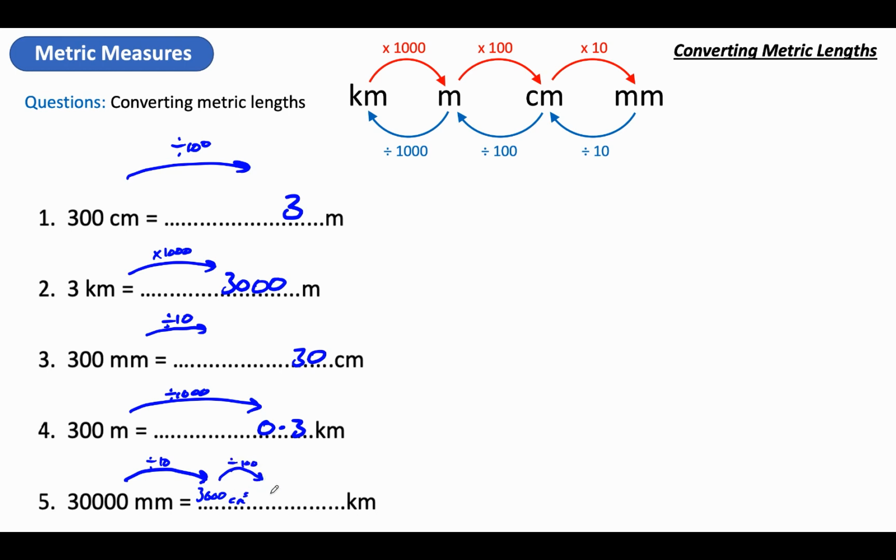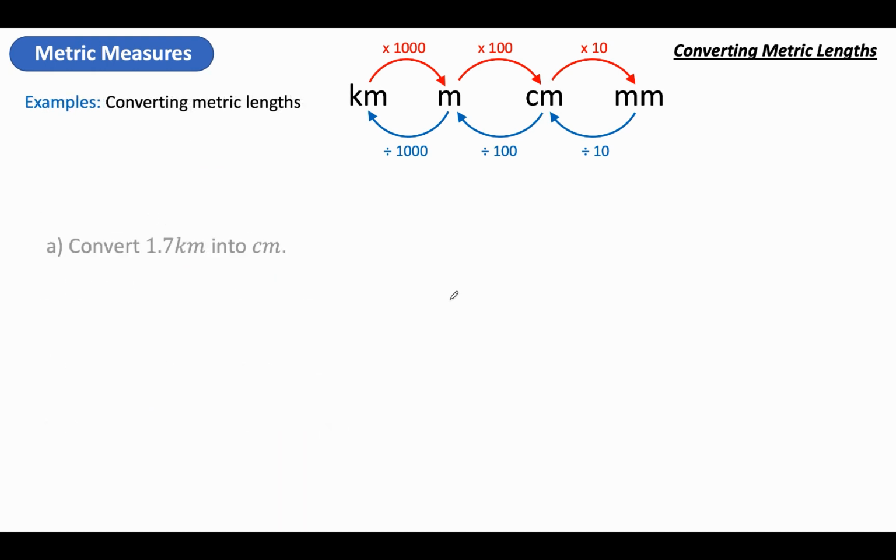That will take it from centimetres to metres. So 2 places smaller. So that is 30 metres. And then metres to kilometres, we're going to divide it by 1,000. So 3 places smaller, which will be 0.03 kilometres. Okay?